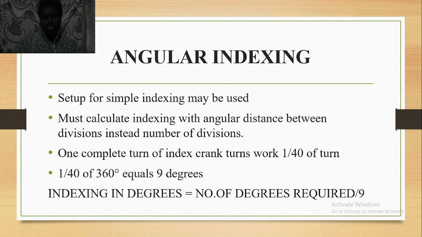And angular indexing: the setup for simple indexing may be used, but we must calculate the indexing with the angular distance between the divisions instead of the number of divisions. One complete turn of the index crank turns the work 1/40 of a turn, and 1/40 of 360 is equal to 9 degrees.